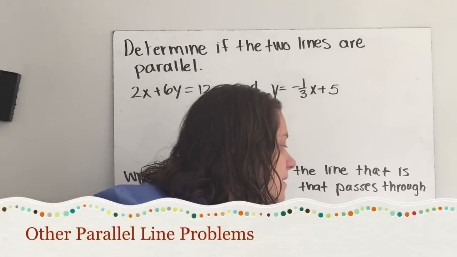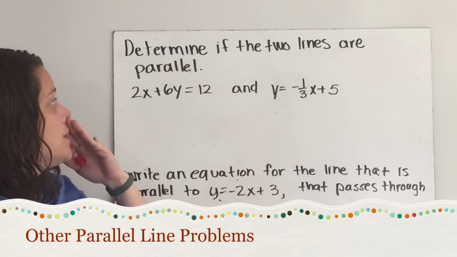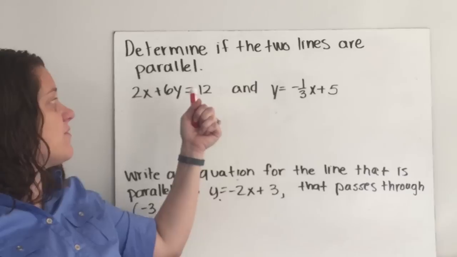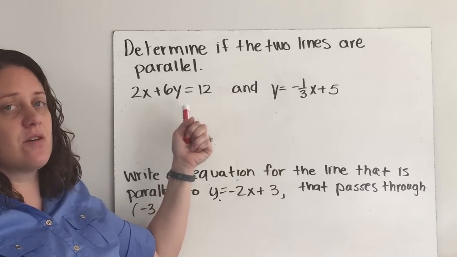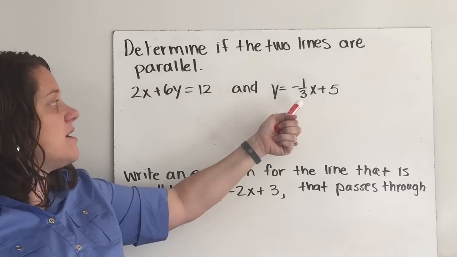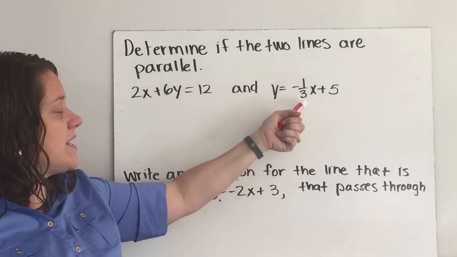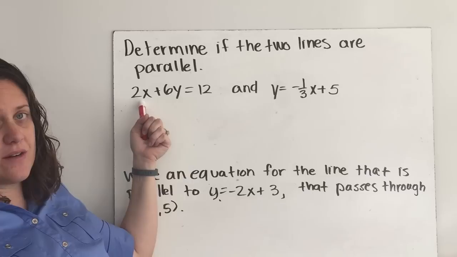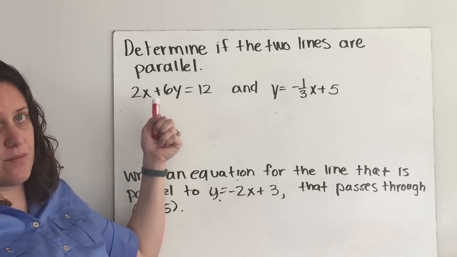Another type of problem that you could see, they could ask you to determine if two lines are parallel. So sometimes one might be in a different form. For example, this is in standard form, and so you can't just tell right away if this has a slope of negative 1/3, because remember, you can't just look at what's in front of the x, you have to actually put it into slope-intercept form.